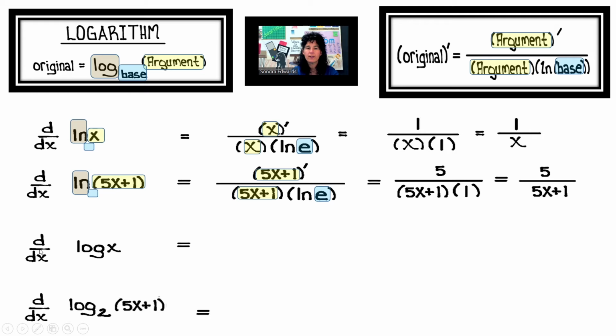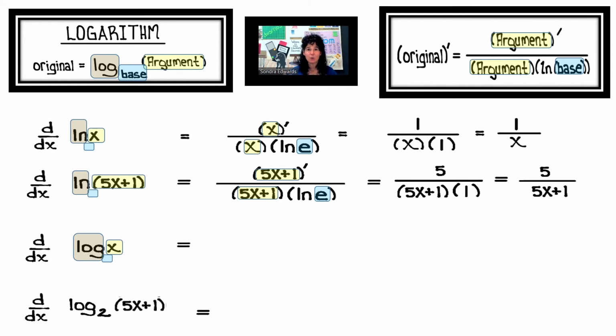Okay, next, the derivative of the log of x. There's my log, there's my argument. Now, whenever the base is invisible on a logarithm written as log, the base number we don't see is 10.